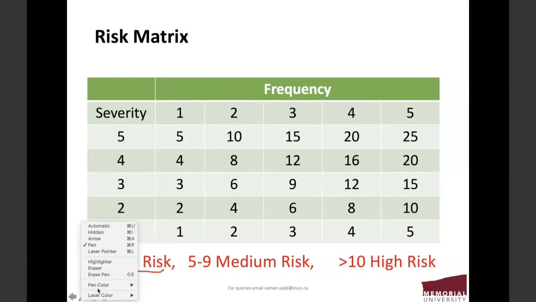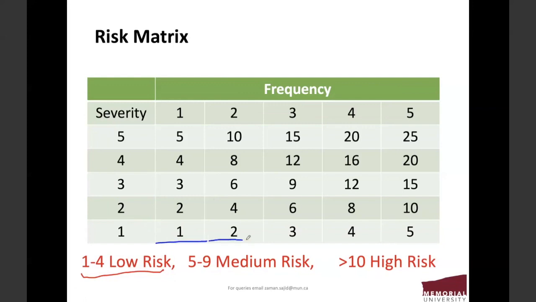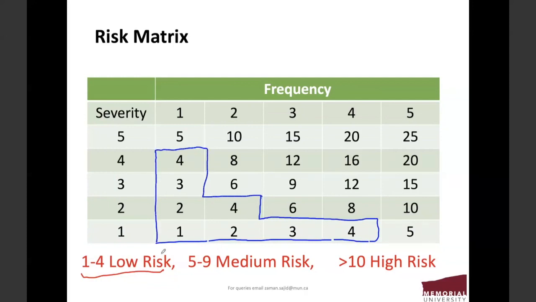So let me change this color and I can explain it better maybe. So we go to our risk matrix, and any number from 1 to 4 falls into this region. This region is what we identify as low risk, because the numbers are within our range of low risk.